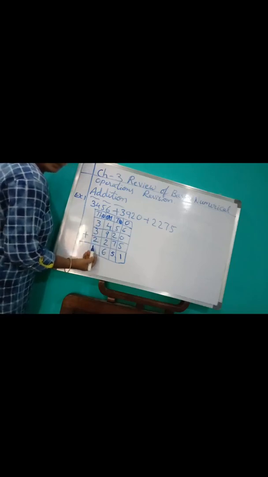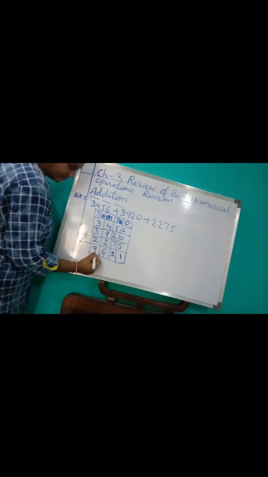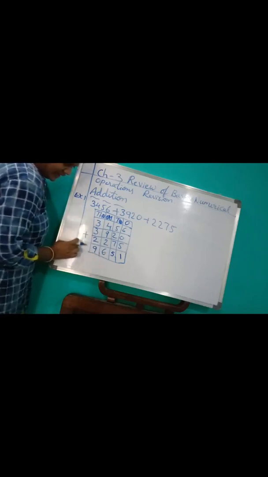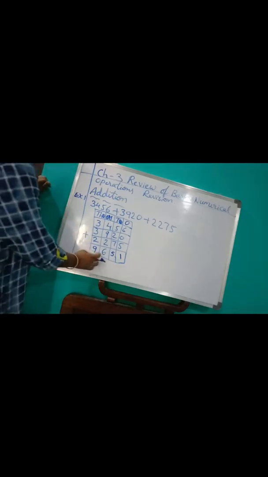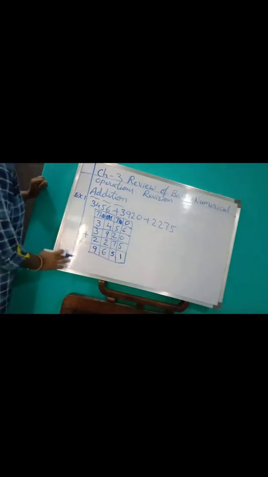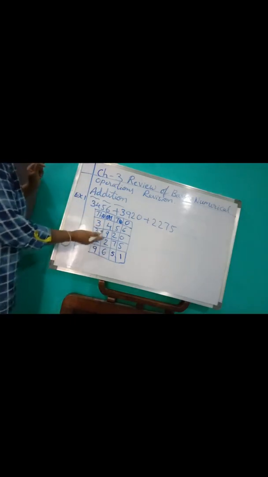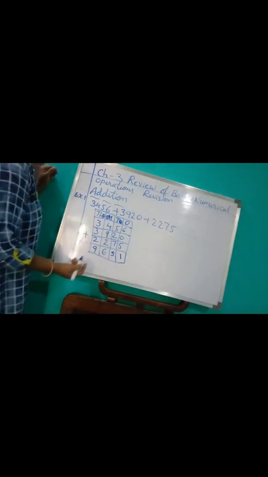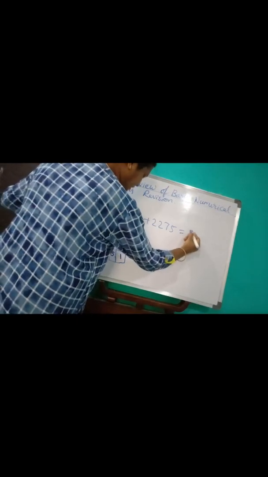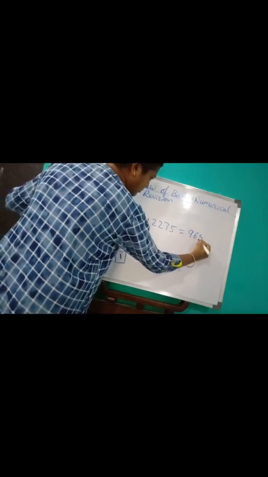7 plus 2, 9. You know addition, children? Understood? What we did here? We added these 3 numbers. What we got here? 9651. Yes? Right.